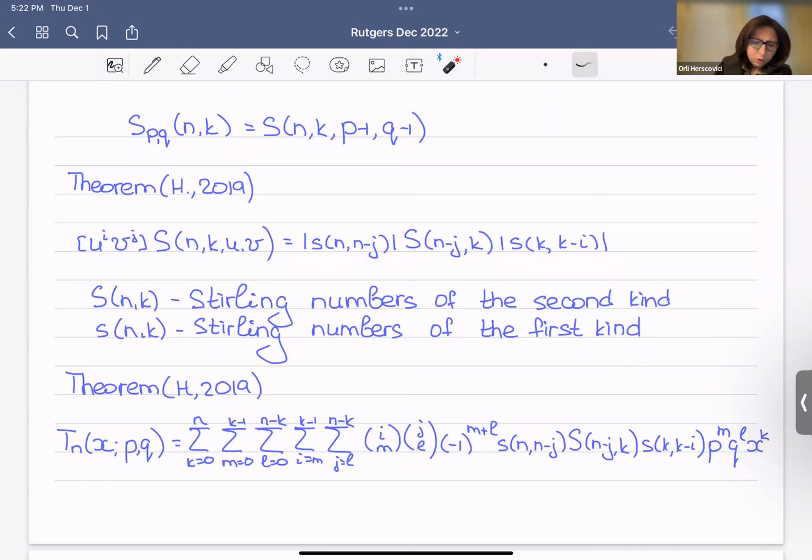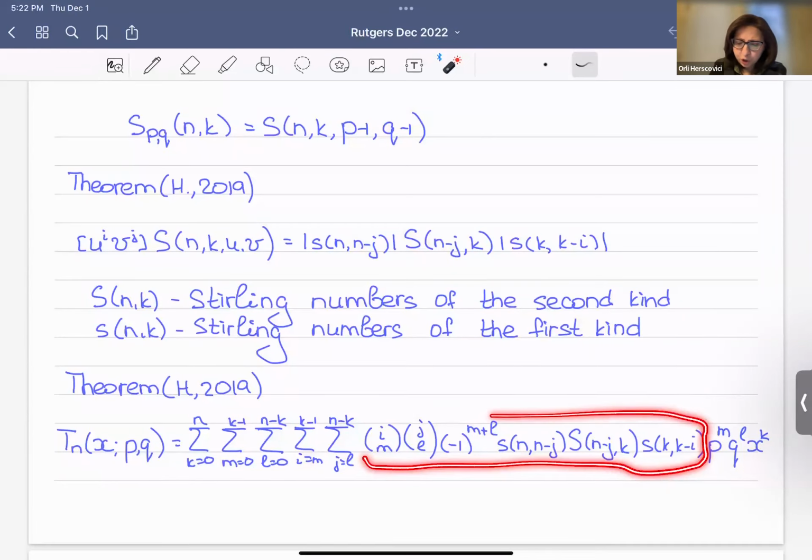So now our (p,q) Stirling polynomials can be written in explicit form. So this is their form, and we can see that for any integer coefficients, if we take parameters p, q to be integer, the coefficient will be integer.